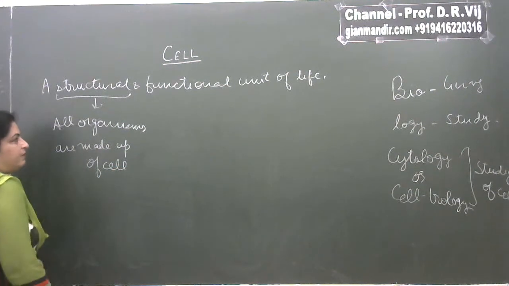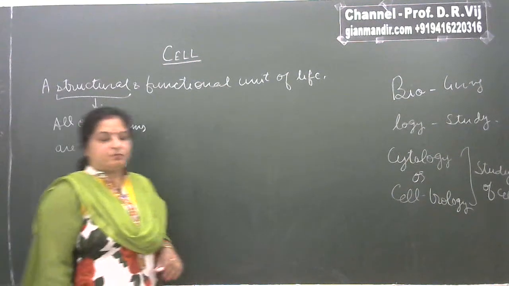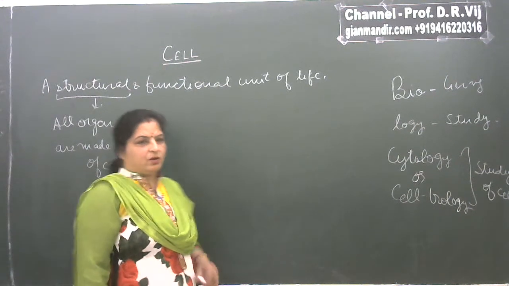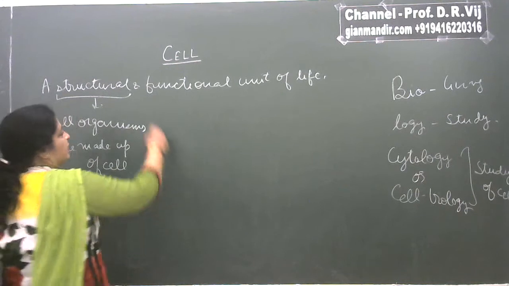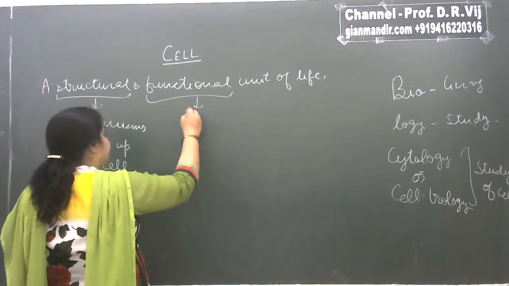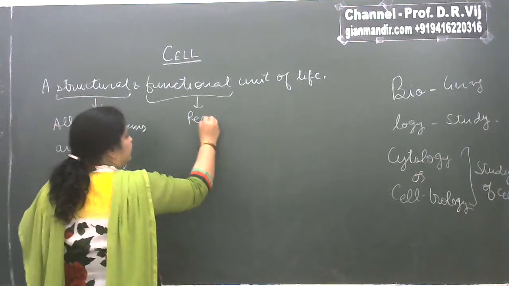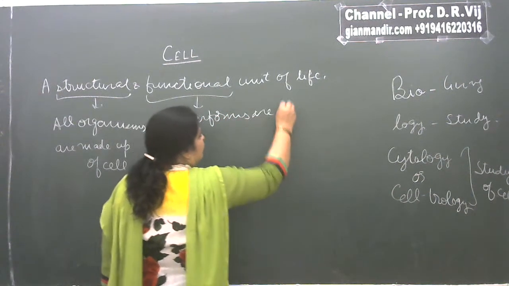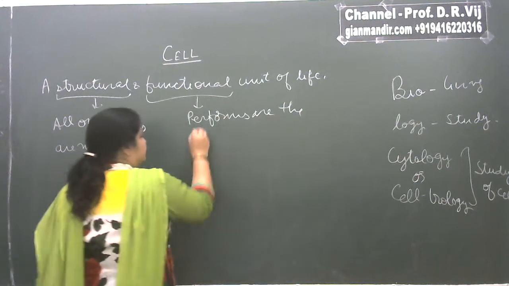As I told, whether plant or animal, whether small or big, whether microscopic or macroscopic, all organisms are made up of cells. And if we talk about functional unit, why is the cell a functional unit? Because a single cell performs all the biological processes.